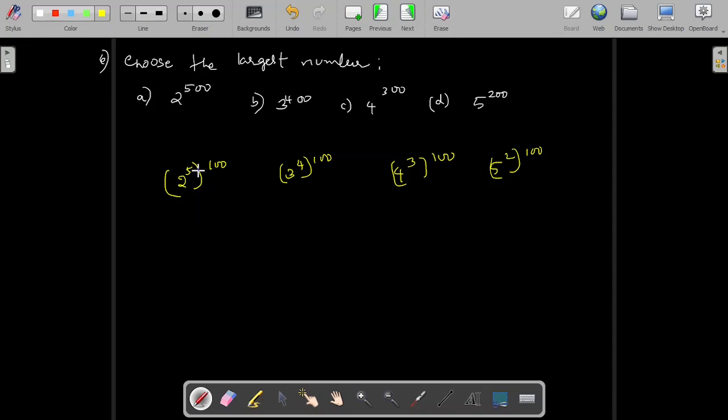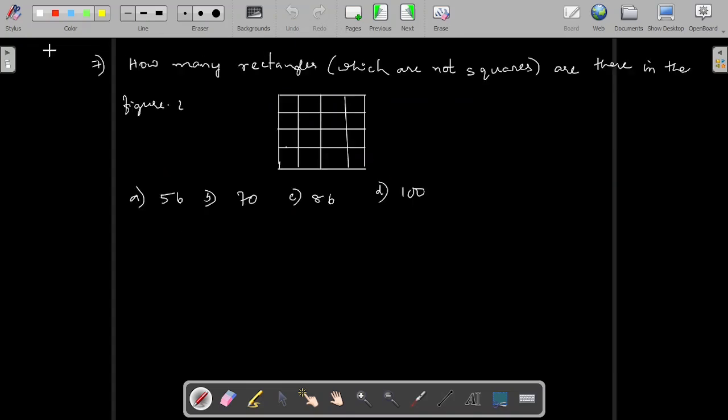So this is 32 to the power 100, then this is 81 to the power 100 and this is 64 to the power 100 and this is 25 to the power 100. Therefore, out of all these, the largest base is 81. Therefore, second option is the answer. This number is largest among all the 4 numbers.